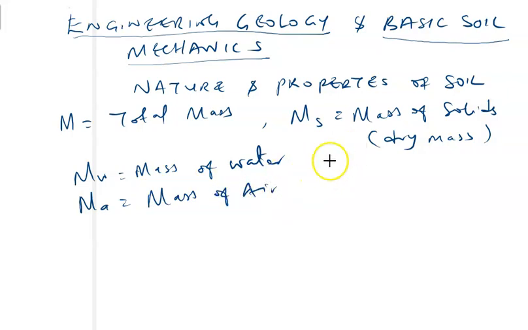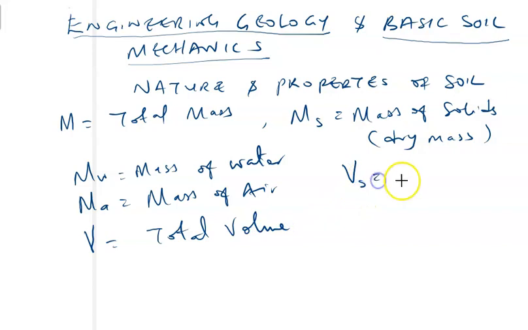Then we also have V. This is total volume of the soil, and we have VS, which is volume of solids. Then we have VV, which is volume of voids.